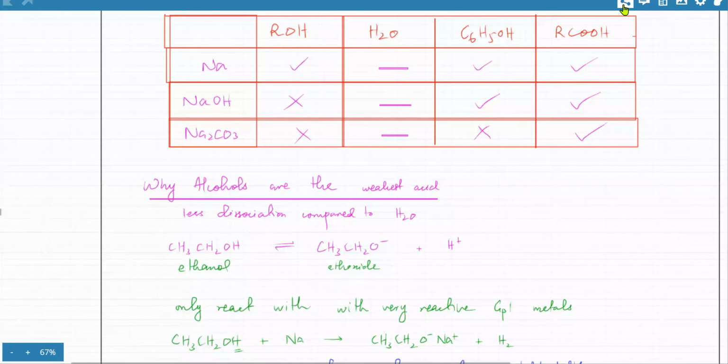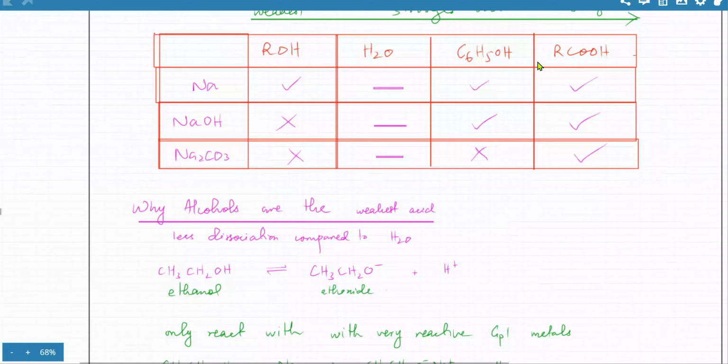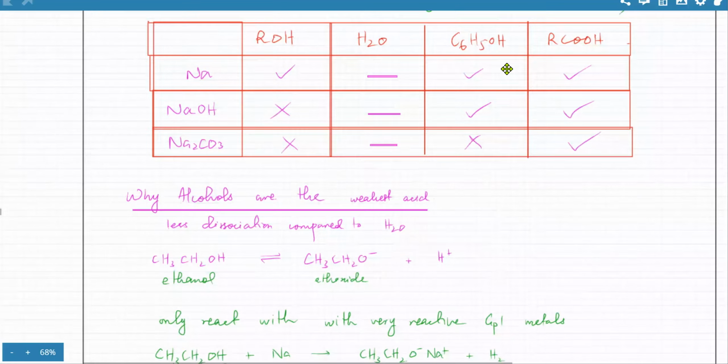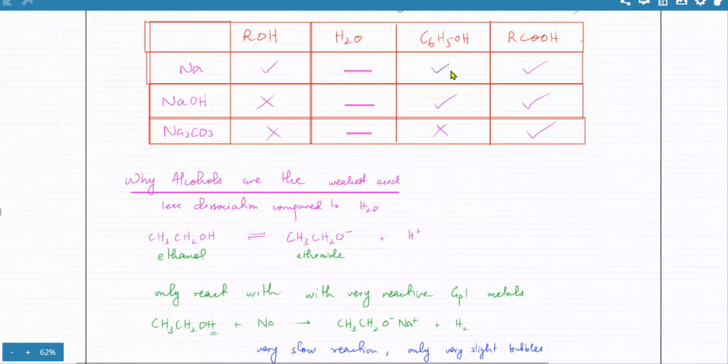We did the comparison of acids, and we said that phenols, OH bonded to benzene, are acidic, and that is because they react with sodium and sodium hydroxide, but don't react with sodium carbonate, which is a weak base. So it is acidic, but less acidic compared to carboxylic acids.